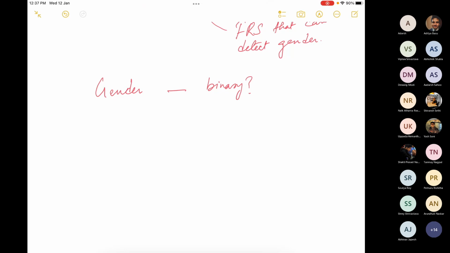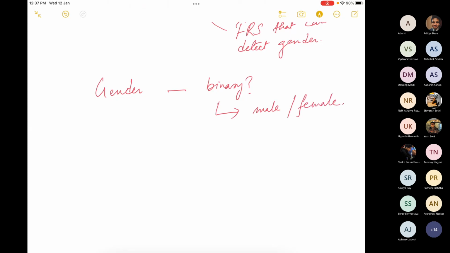Any thoughts? It's not binary. Yes. Let's look at the normative view. If it is normative, people typically tend to believe that gender is binary with two categories, male and female.